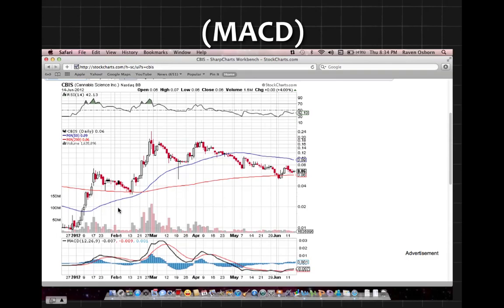Well, the trick here is, you knew that the black line crossed above the red line, so you knew to buy, and you knew that the buyers were moving in. But when do you know when to sell? Because all you're going to see down here is just the black line has split away from the red one. Well, you don't really know.